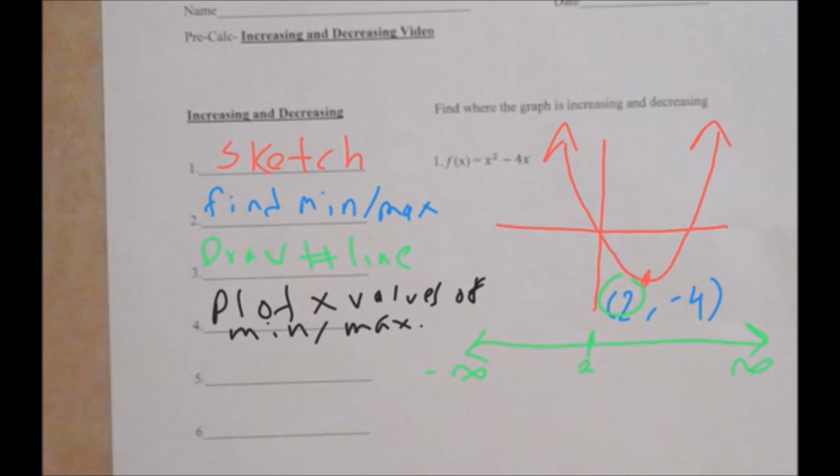So now what I want you to do is look at our number line and put pluses or minuses where the graph is increasing or decreasing. So we saw from -infinity to our minimum, it was going down, right? So we're going to draw some minuses. And from 2 to infinity, it started to go up.